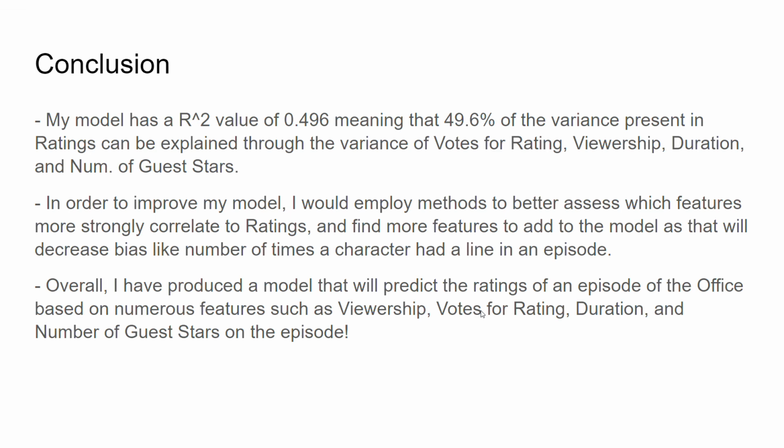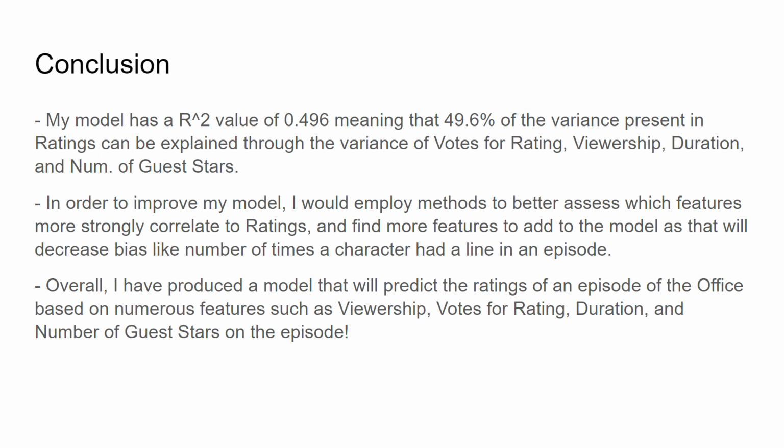So as a conclusion, my model has an R squared value of 0.496, meaning that 49.6% of the variance present in ratings can be explained by the variance of votes for ratings, viewership, duration, and number of guest stars.